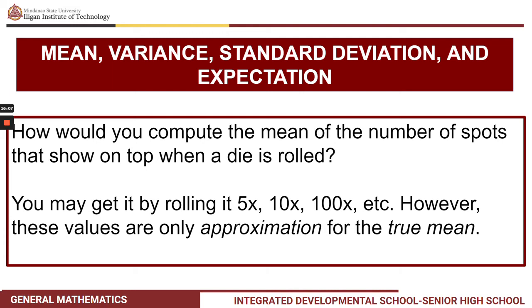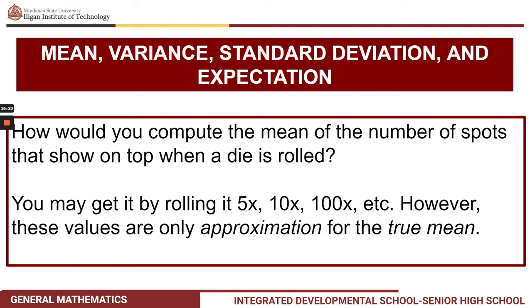Okay. Now, how would you compute the mean of the number of spots that show on top when a die is rolled? You may get it by rolling 5 times, and then 10 times, and then 100 times, etc. However, these values are only approximation for the true mean.